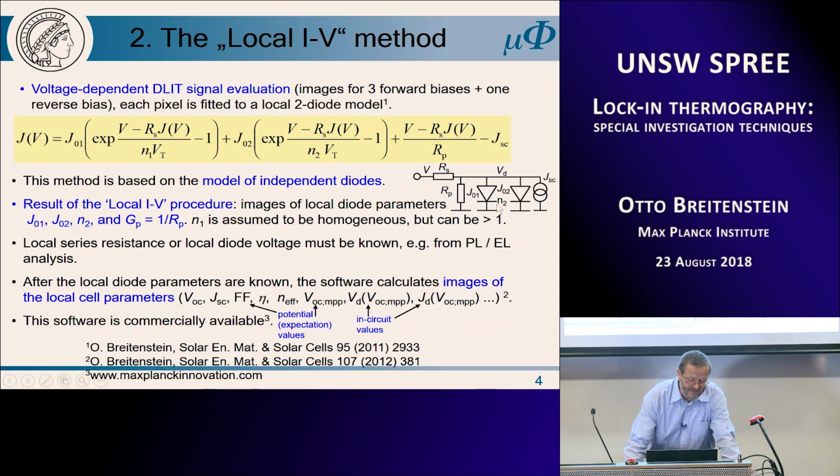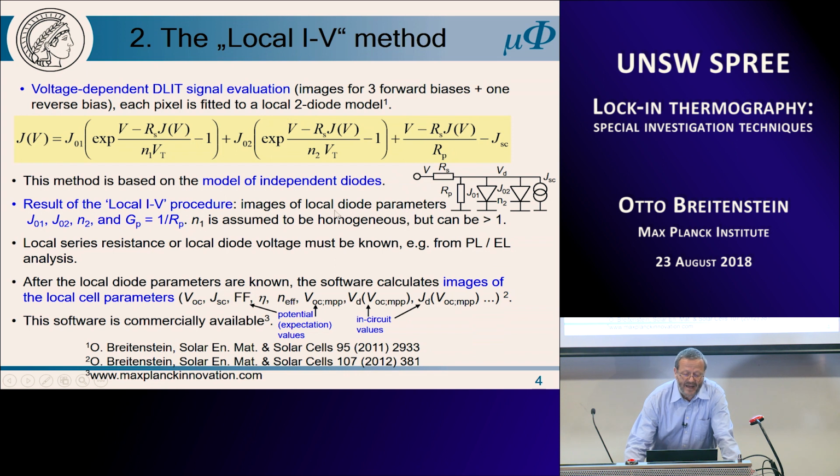The procedure itself consists in performing up to four measurements, for three forward biases and for one reverse bias. And with these four measurements, we can fit for each pixel separately these four parameters: J01, J02, n2, that's the ideality factor of the depletion region recombination, and the ohmic conductivity, which is the inverse of the parallel resistance.